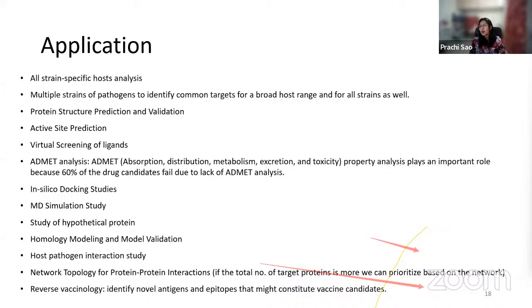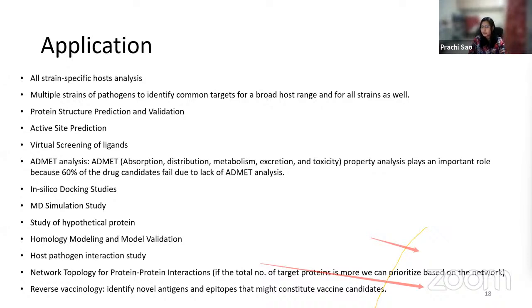We convert all these 100 proteins into a network and try to understand how they are interacting, how they are grouping, and what their value is in that network, whether if we remove them the network will exist or not exist. If the network doesn't exist, then that protein is important, so it can be used as an important drug target. Then we can use it for reverse vaccinology.